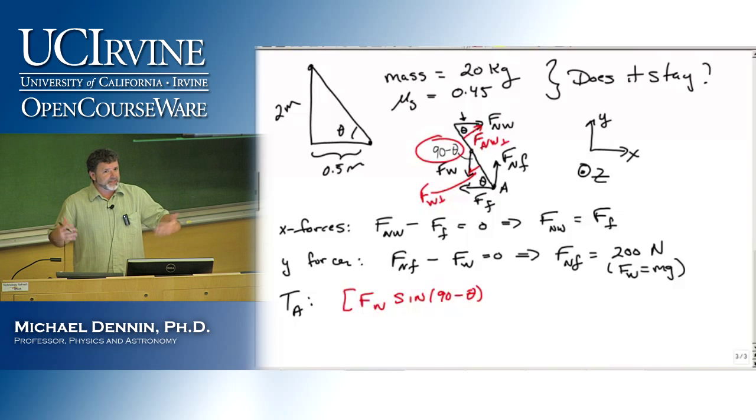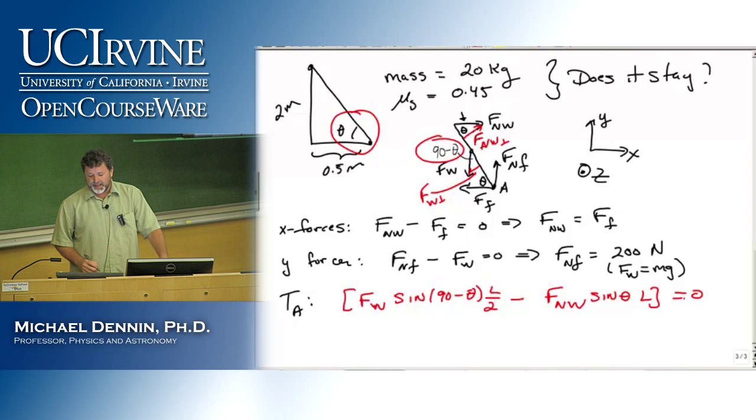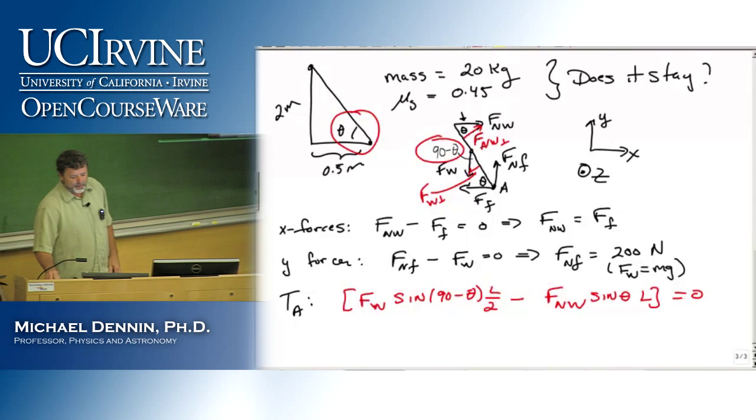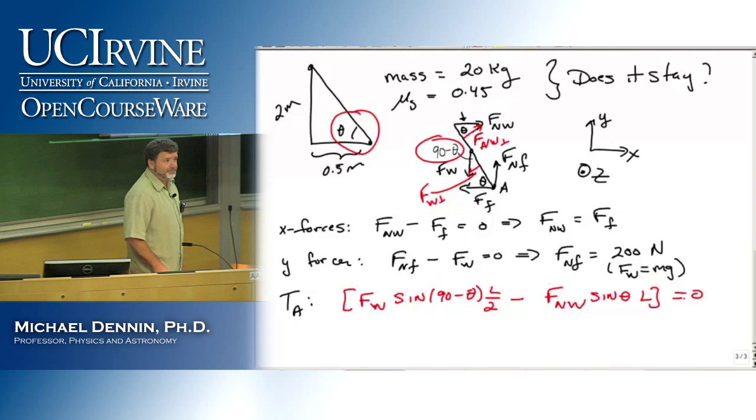We can't just put sine of theta because theta is defined to be this angle here, and it's not the correct angle between that force and R. And that's going to be an L over 2, and we're going to have minus the normal with the wall times, in this case it is sine of theta, times L equals 0. And again, we already did the in and out of the board and got the plus and minus signs. So that is our torque equation.